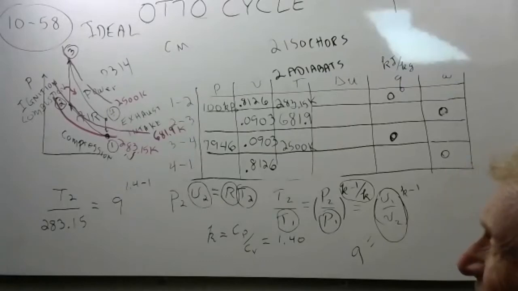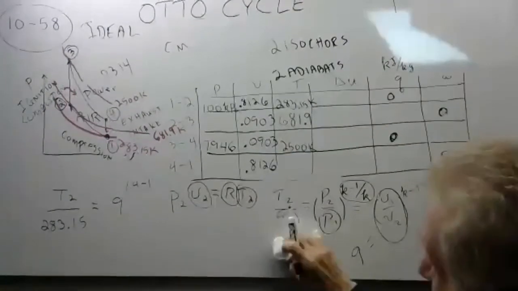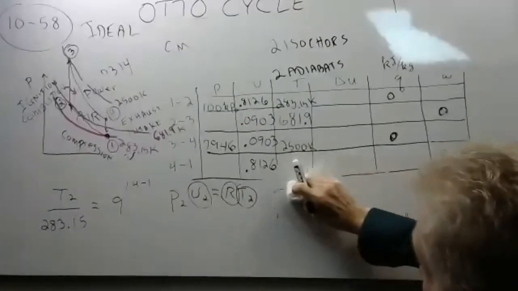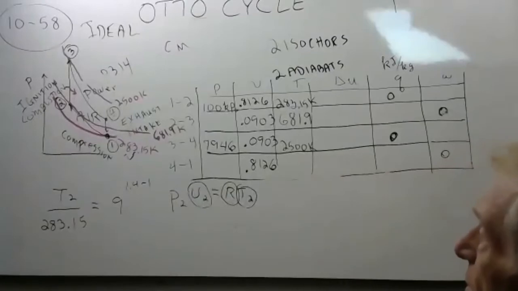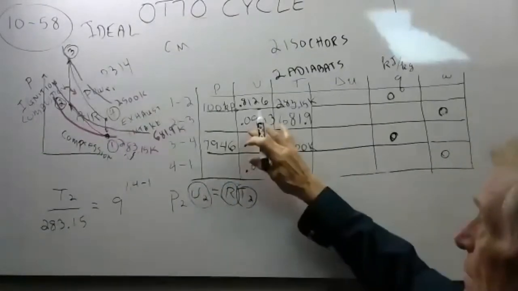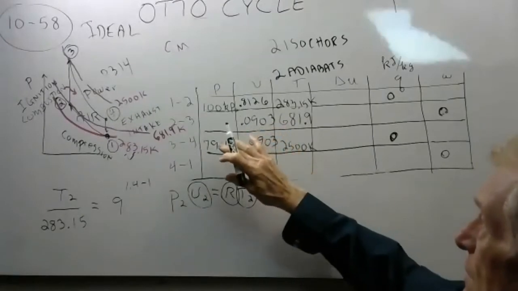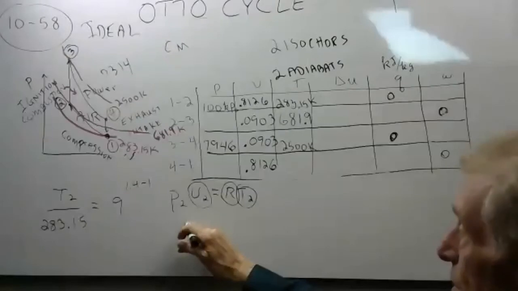$195.7. I didn't get that. Hey, let me write it out. I could be wrong, but I'm going to write it out. P2, now we know, is... wait, we're getting mixed up here now. No, we don't know P2.